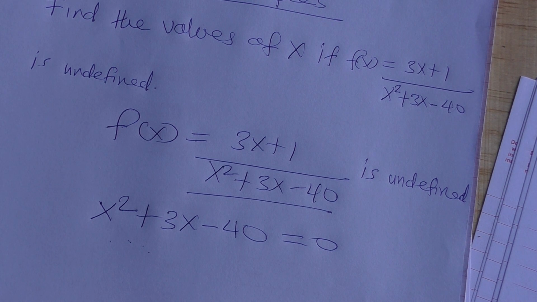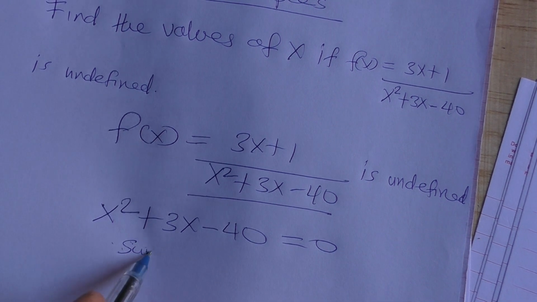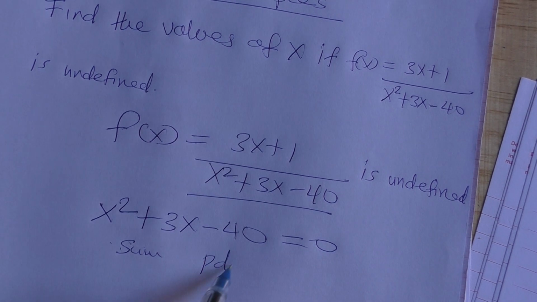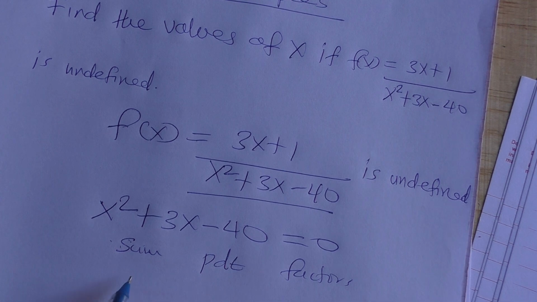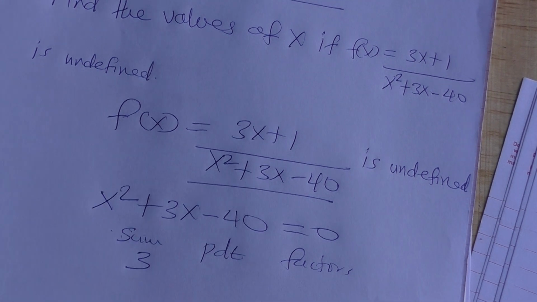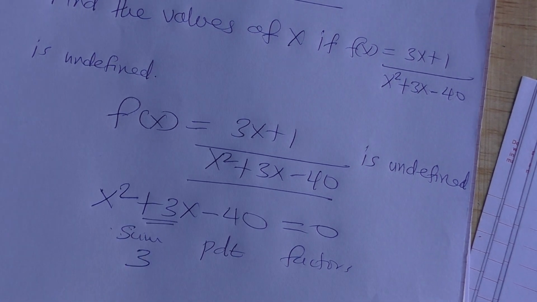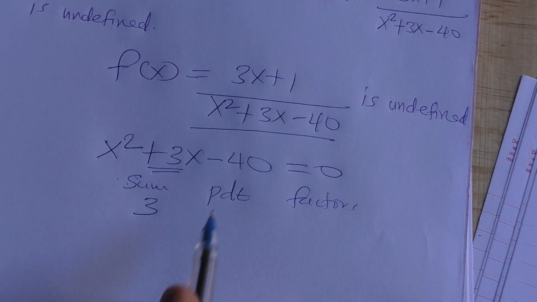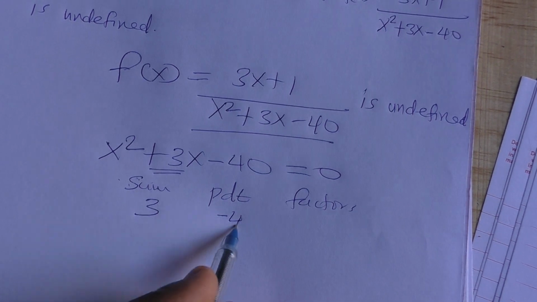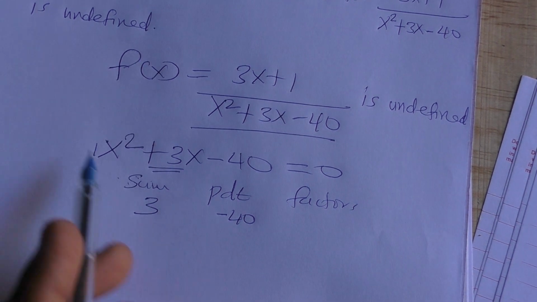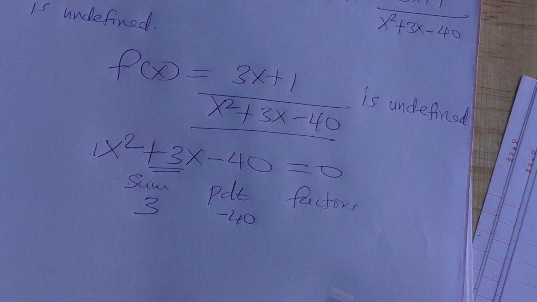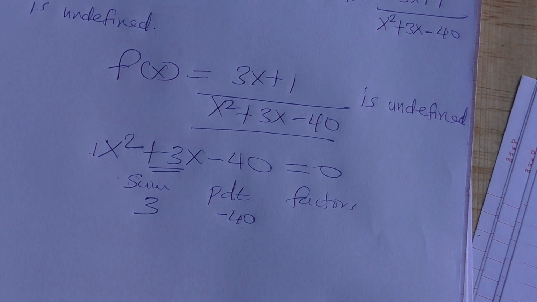If you use factorization, get the sum, the product, and the factors. Here the sum is 3. We take the coefficient of x. The product is negative 40. Since we have a 1, it is 1 times negative 40, which is negative 40.